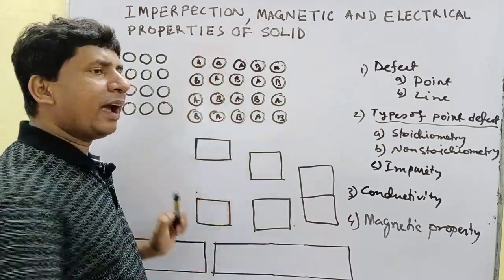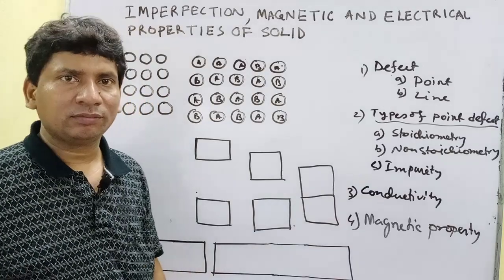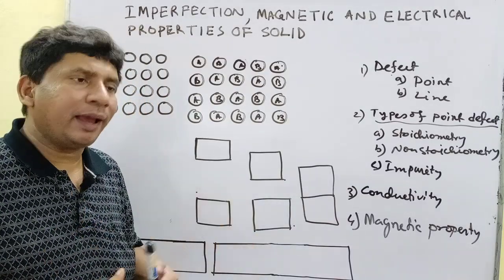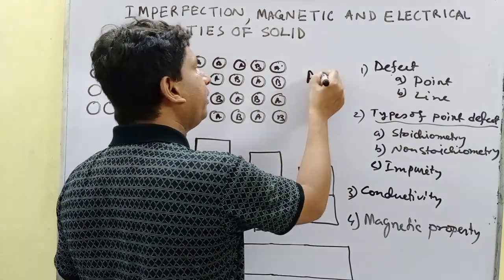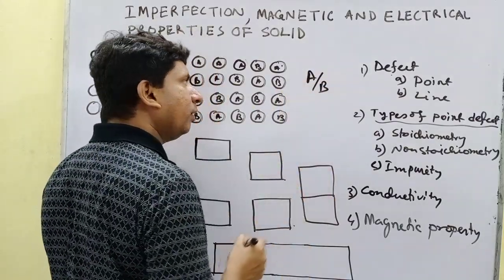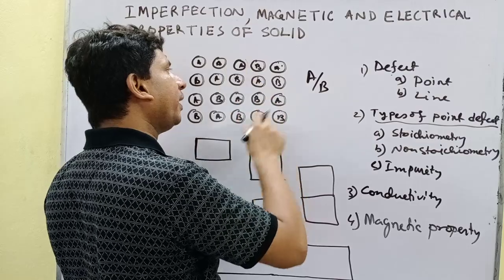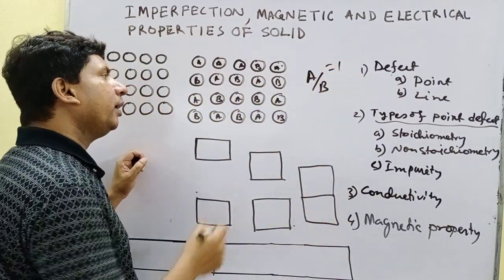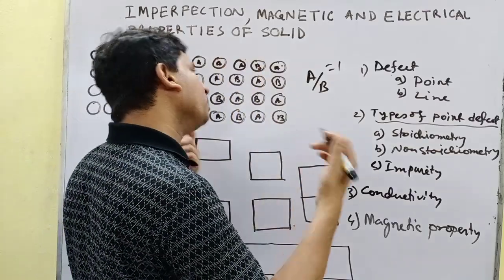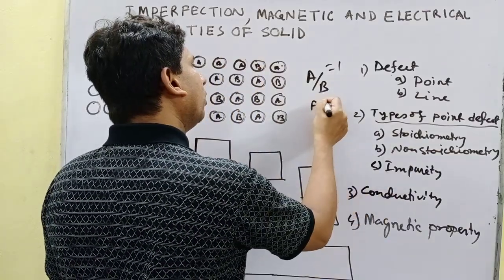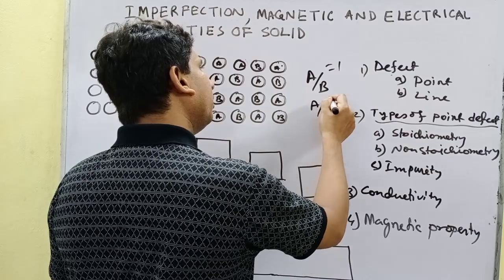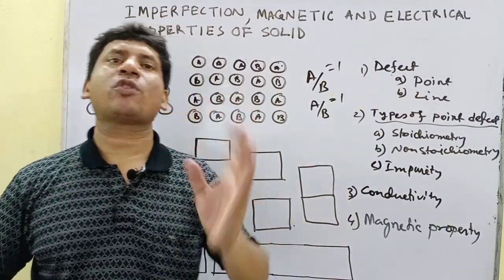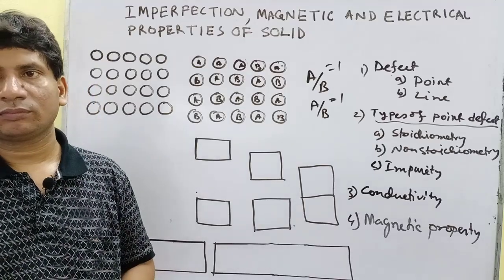If one A and one B are missing, then the ratio of the cation and anion, the ratio of A and B, is still 1. So there is no change of stoichiometry. Clear?